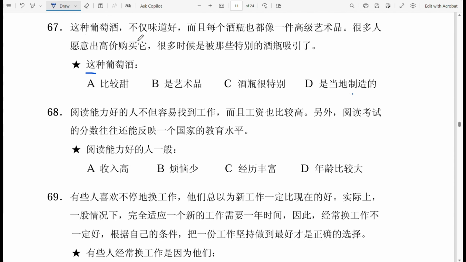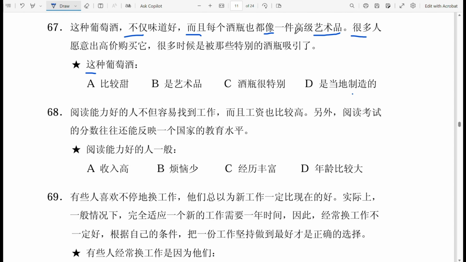这种葡萄酒不仅味道好，而且每个酒瓶也都像一件高级艺术品，很多人愿意出高价购买它，很多时候是被那些特别的酒瓶吸引了。So let's translate. 这种葡萄酒, this wine, 不仅而且, is not only with a good taste, but also 每个酒瓶, each bottle of wine resembles a 艺术品, a work of art that is 高级, of high quality, of high level.